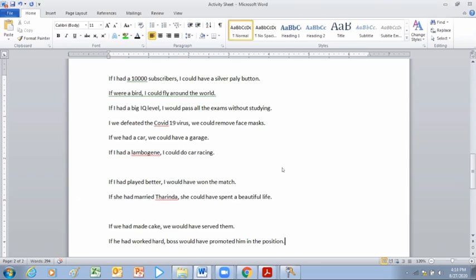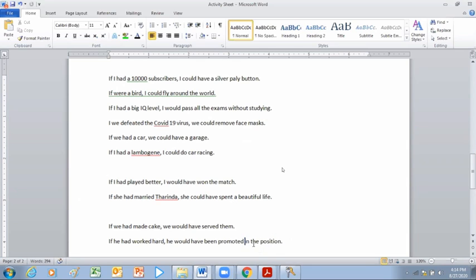Now you have forgotten the passive voice again. Okay, so if you are using him here, then it should be he would have been promoted in the position by the boss.